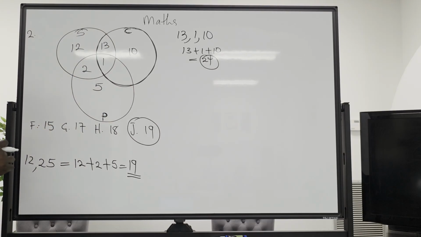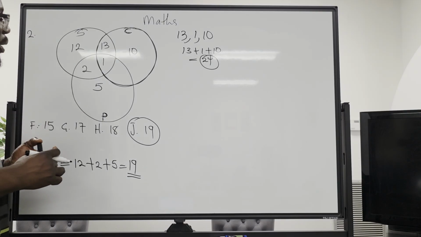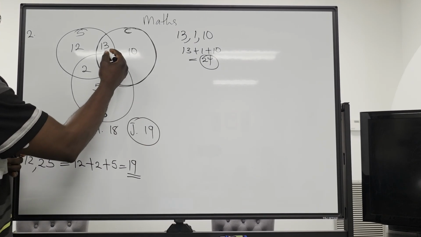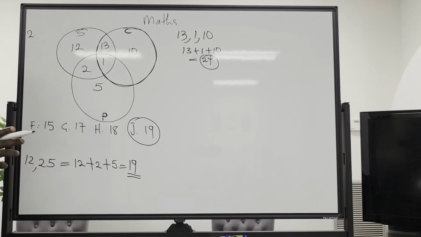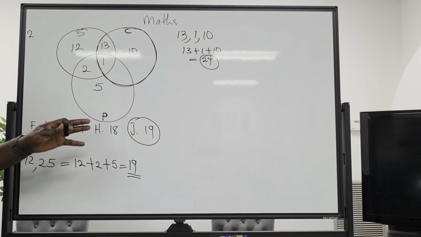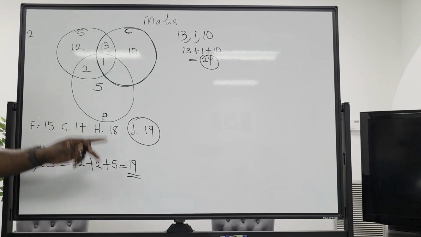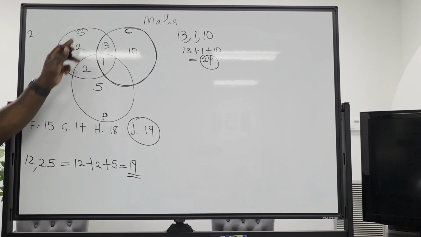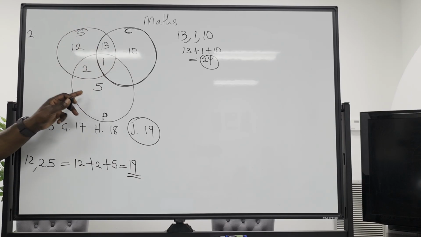And if they ask how many farms raise cow, sheep, and pig at the same time, it is going to be 1. So these questions can come about in various ways. But for the particular question here, our answer is 19, because 12 is not inclusive of cow, 2 is not inclusive of cow, and 5 is also not inclusive of cow. Question 3.